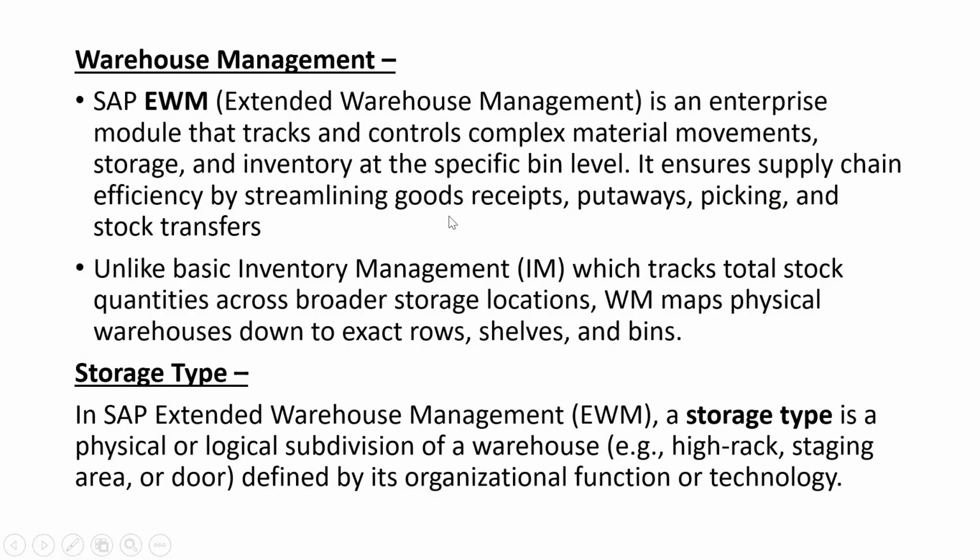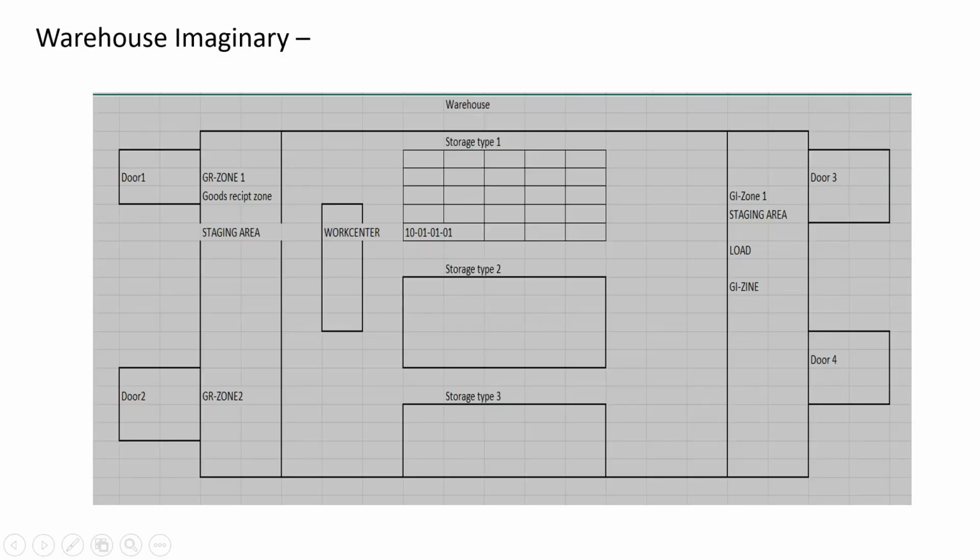Unloading each truck will take around 10 minutes, let's say. Let's assume that a truck is getting unloaded at a warehouse door. To unload, it takes 10 minutes. So we can plan accordingly.